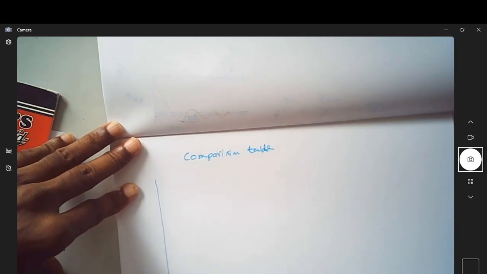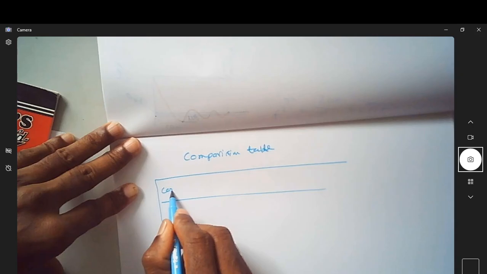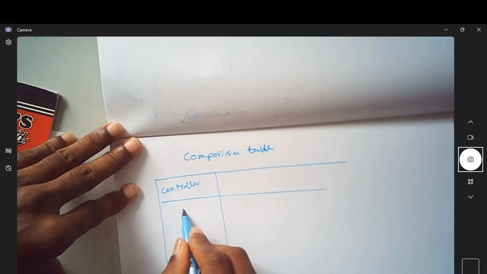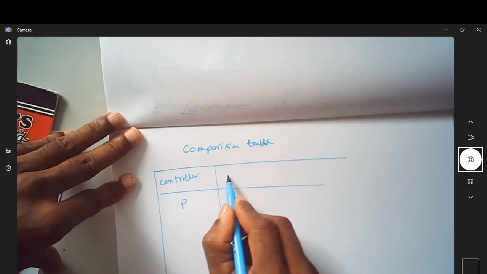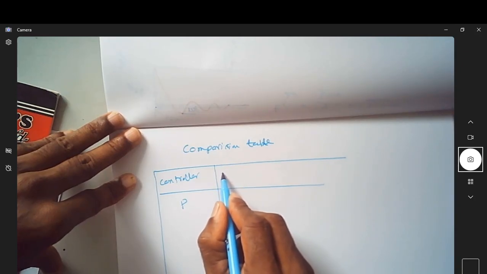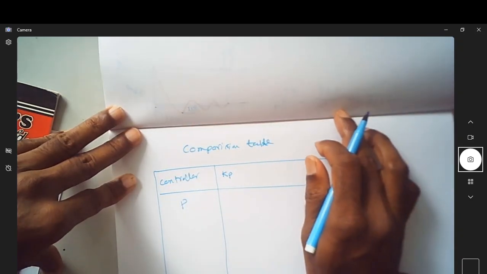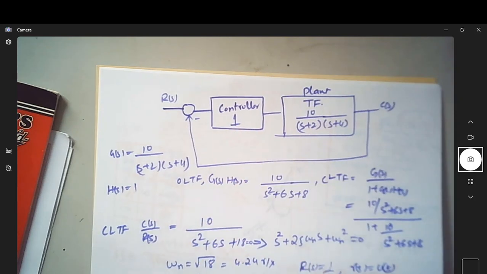So this is the controller, so assume that we are starting with proportional controller. So now what is the value of Kp that you are having, that is, the compensation, this block, this controller? Are you having some value or not?